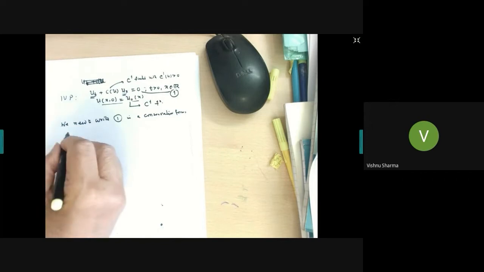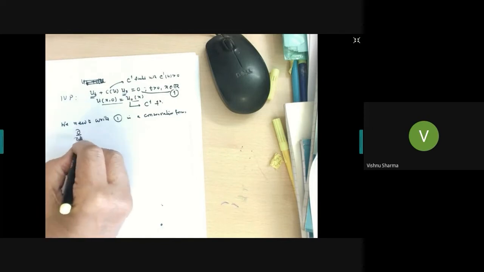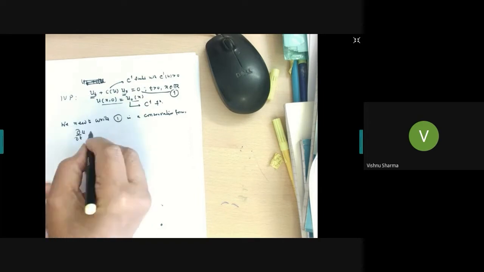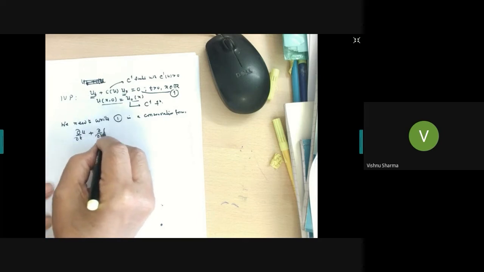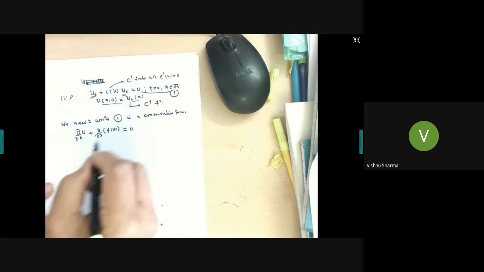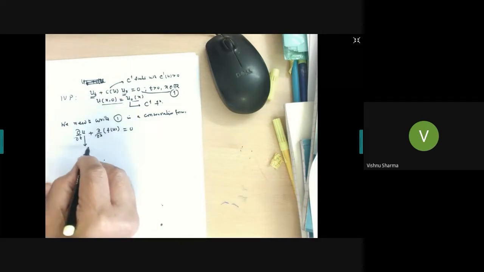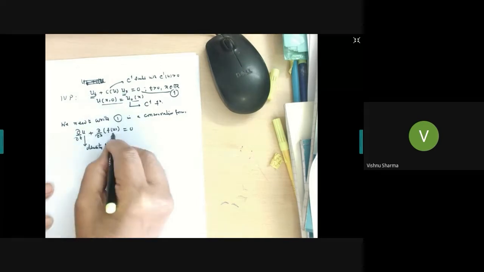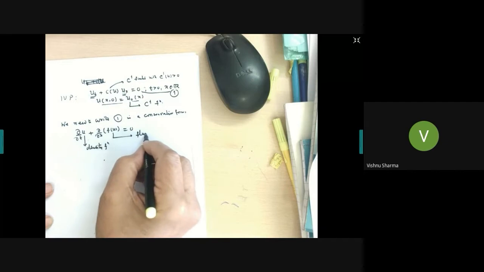Conservation form means we have to write this in the form derivative t of u, where u is a function of x and t, plus derivative x of f of u, equal to 0. U is the density function, and this is your flux function.